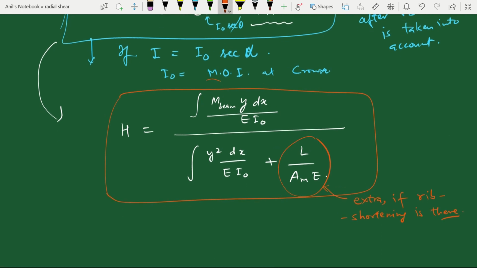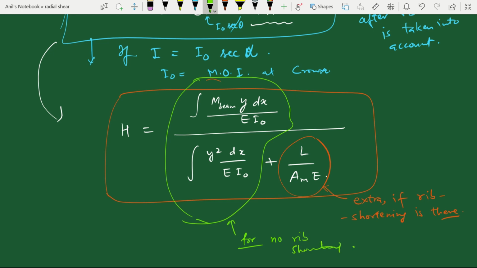The rest of the formula is just the one which we have already derived for conventional cases, for no rib shortening. Due to this extra positive term, the denominator is going to increase, therefore H will decrease. So when rib shortening is considered, horizontal thrust will decrease by some amount.